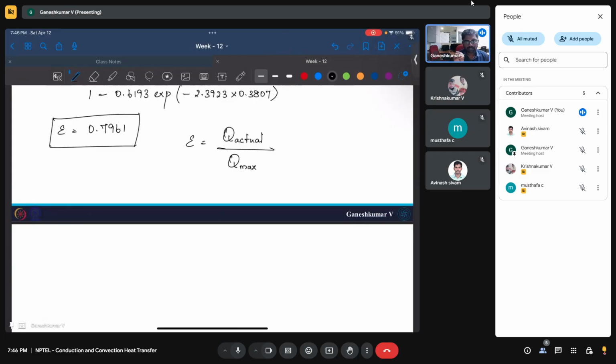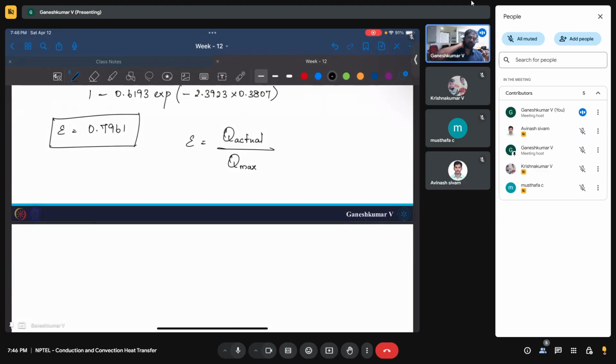So it's a counterflow arrangement, right? The hot fluid enters at TH1, the cold fluid enters at TC1. So at the exit of the heat exchanger, the hot fluid can reduce up to TC1. It cannot reduce below that because the cold fluid is entering at TC1. That is the temperature limit there.